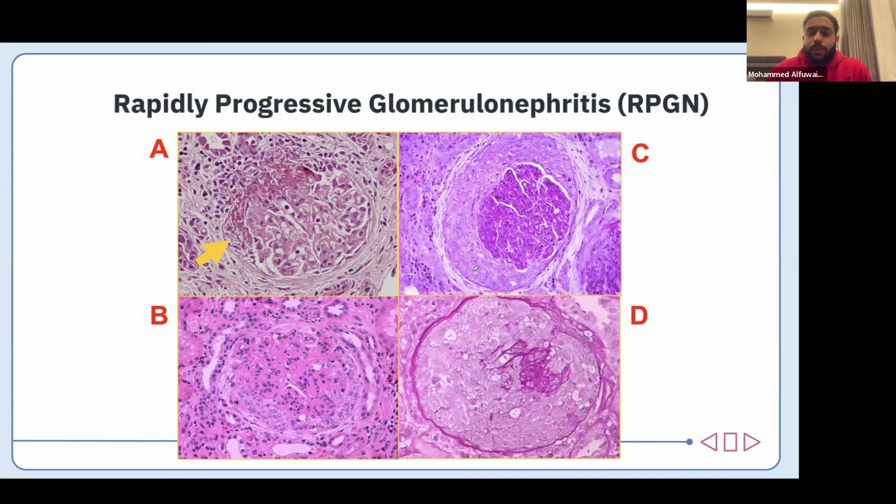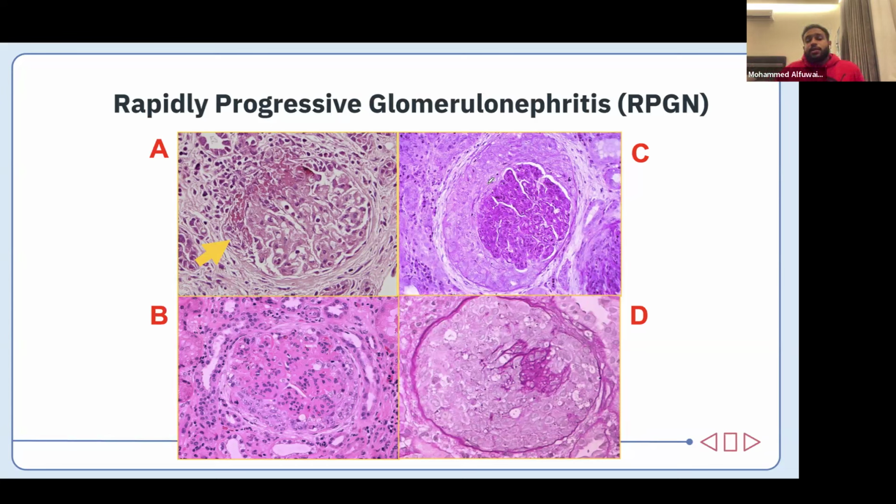Now, what I want you to remember is in histology, what is proliferating, visceral or parietal epithelium? Parietal epithelium. Good. The parietal epithelium is proliferating and compressing the glomerulus from outside. So, of course, the glomerulus will no longer function as the patient deteriorates. Okay, this is a very bad disease. It has a very poor prognosis.